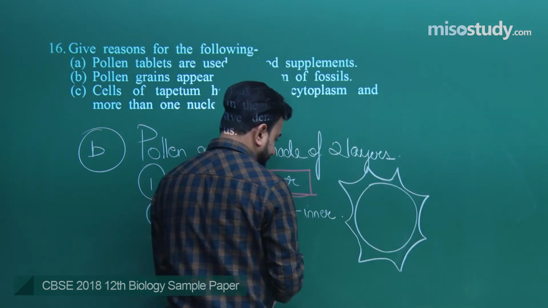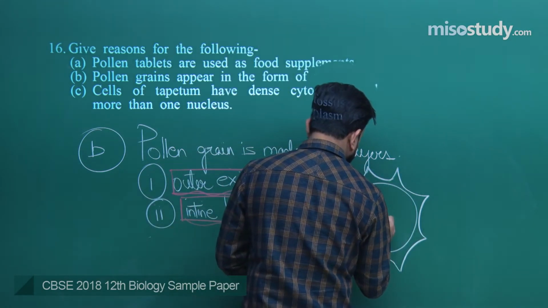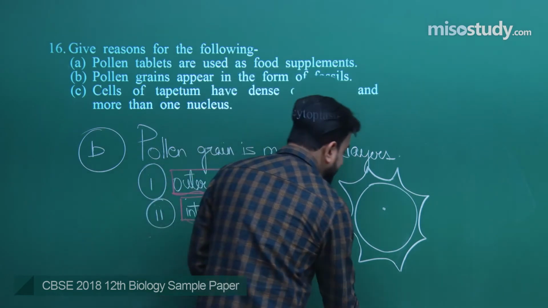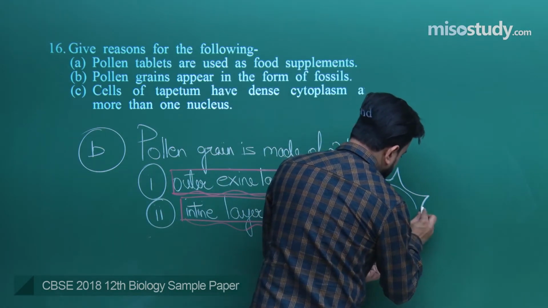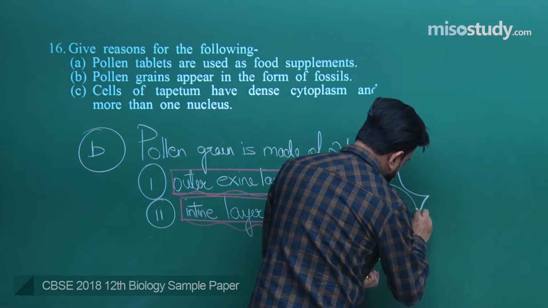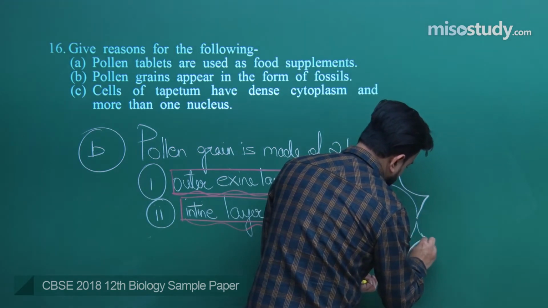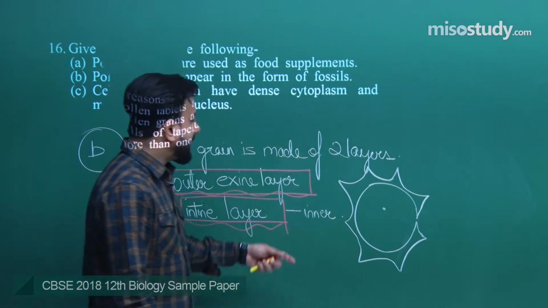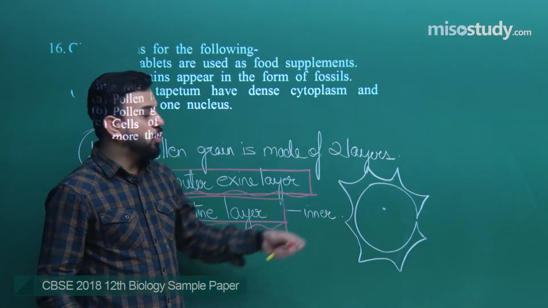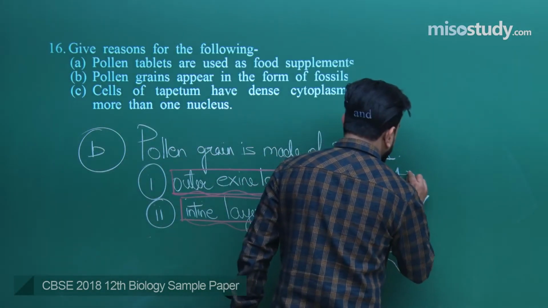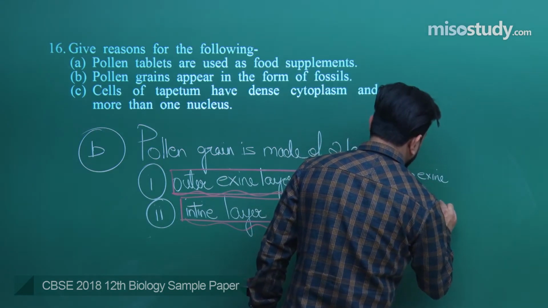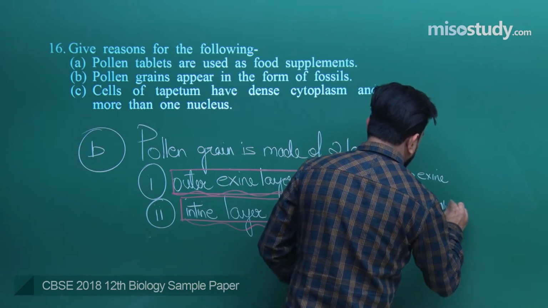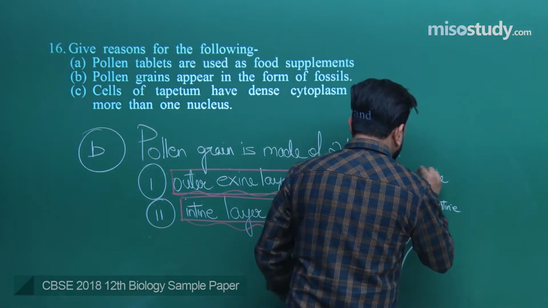we see the outer layer, this is the exine, the crown type, and this is the intine.